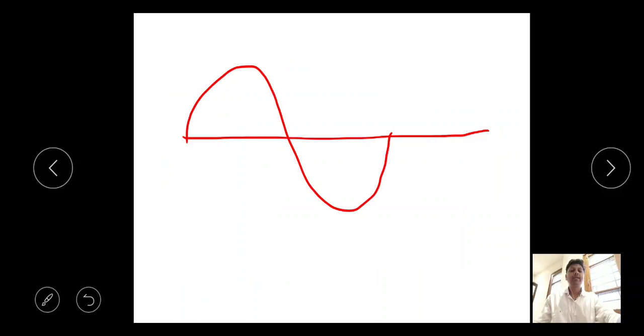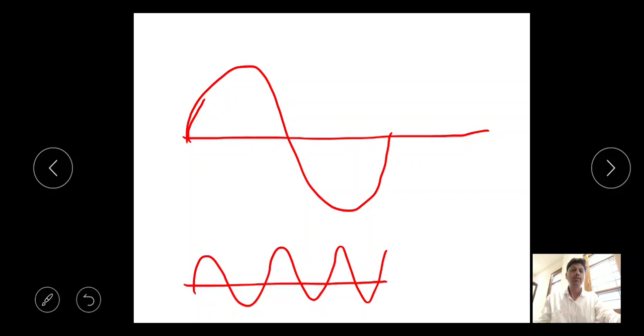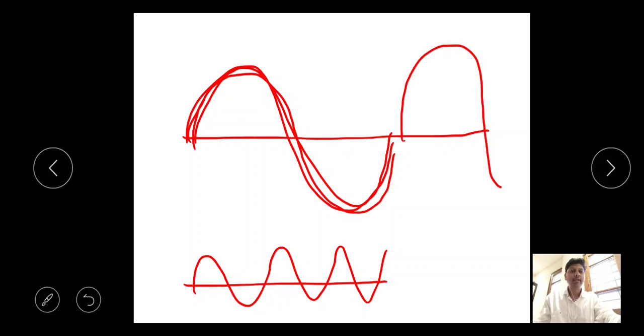So period is nothing but the time taken to complete. See what happens whenever there is a vibration. It will be like this, this is called to and fro motion. If you take one cycle, this is called one cycle. What do you mean by one cycle? You are completing from here to here, and after this it is getting repeated, the next is also the same.